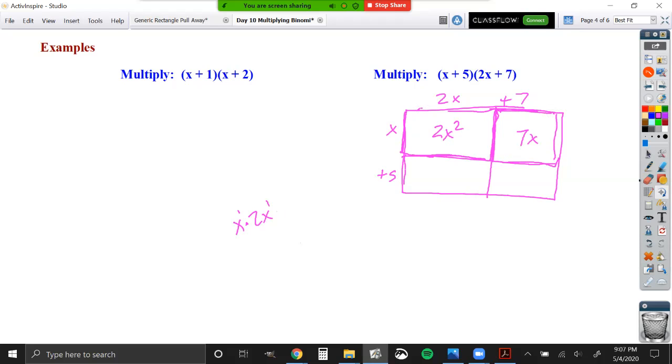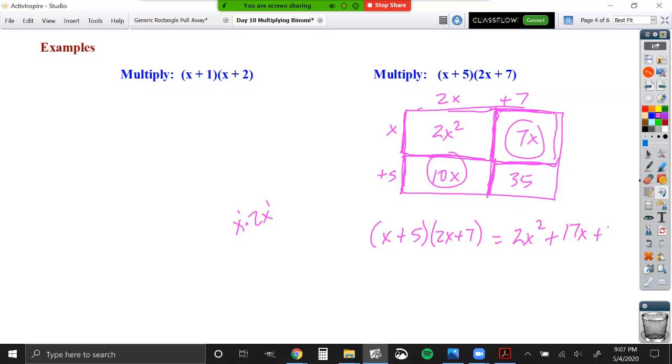And this 2x and this 5, they make 10x. And the 7 and the 5, they make 35. So my result of x plus 5 times 2x plus 7 would equal 2x squared plus, combine your x's, 17x plus 35.